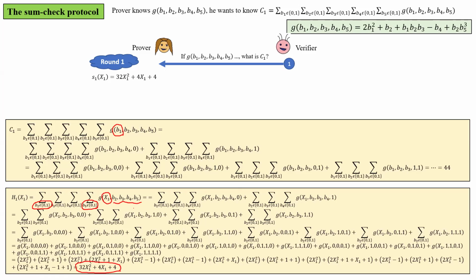So the prover later sends c1, the summation of the evaluations, and also the coefficients of polynomial s1 to the verifier.